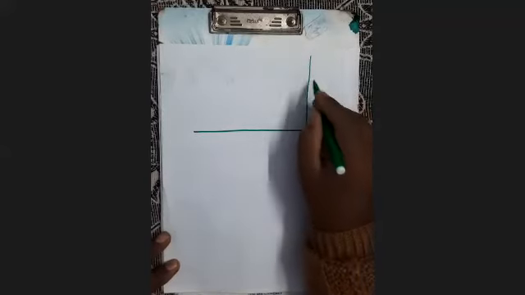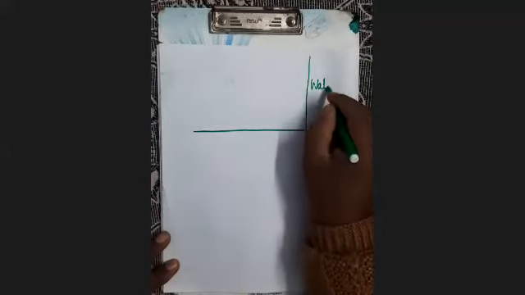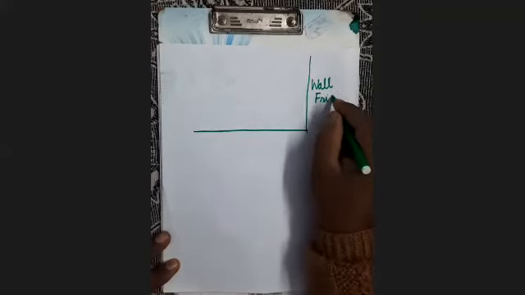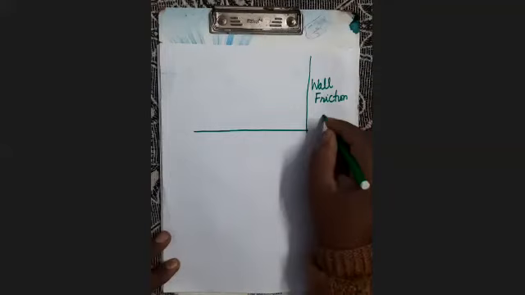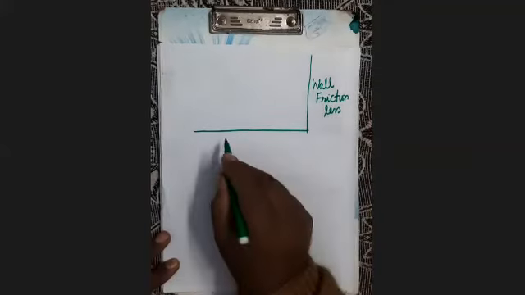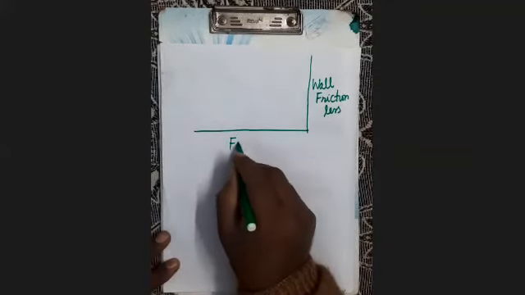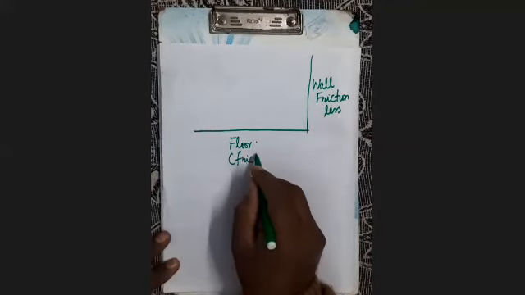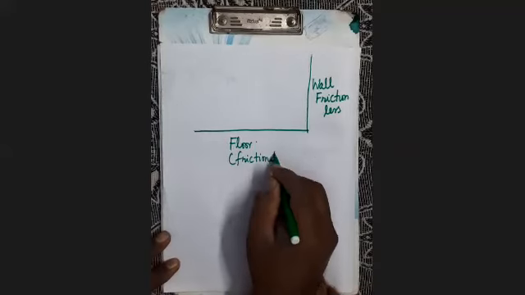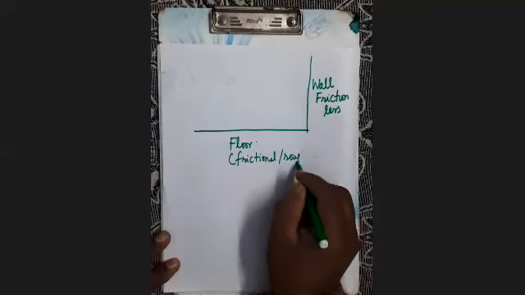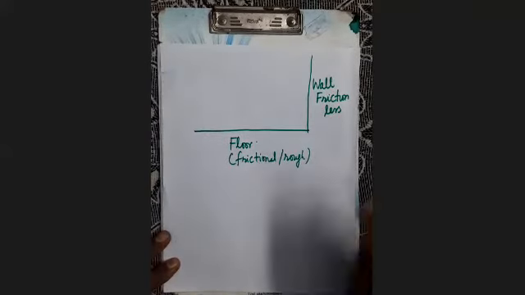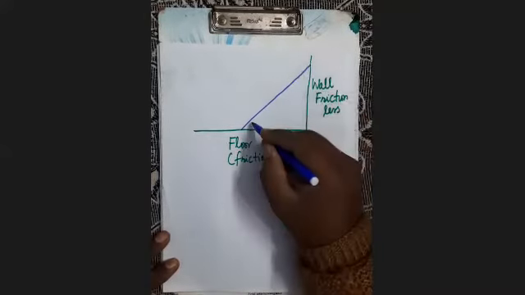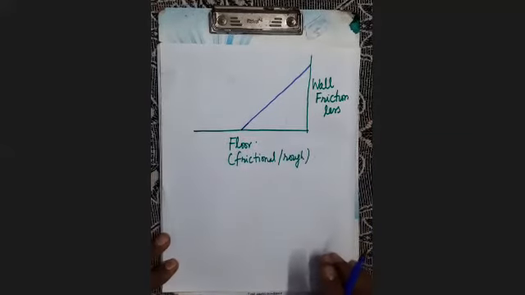This is a wall, and this wall we have taken as frictionless. There may be friction also. And this is the floor, which is a frictional floor, a rough floor. And a ladder is resting in equilibrium here.